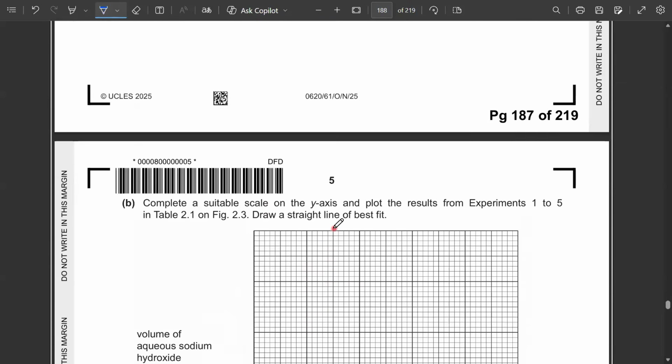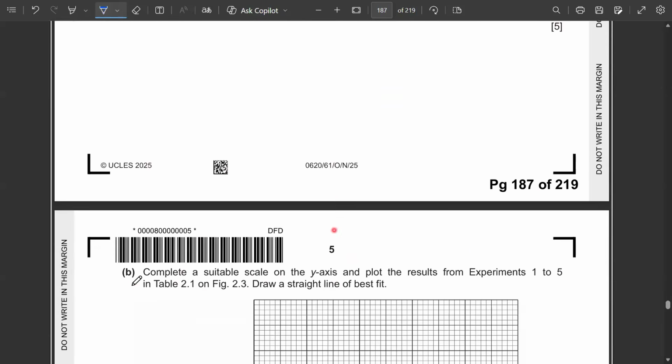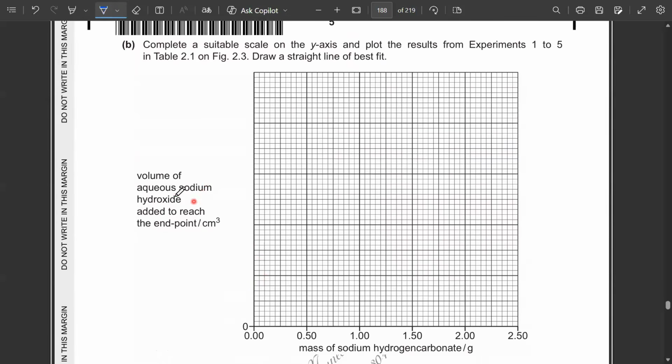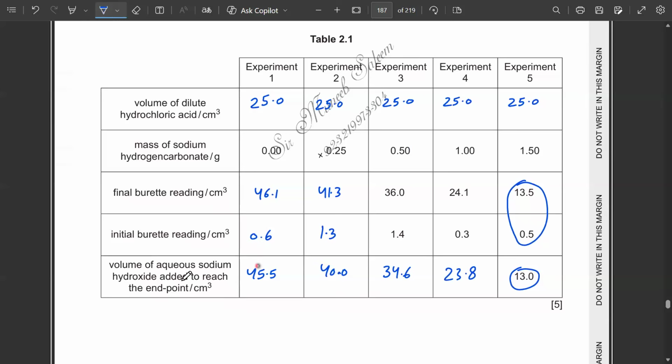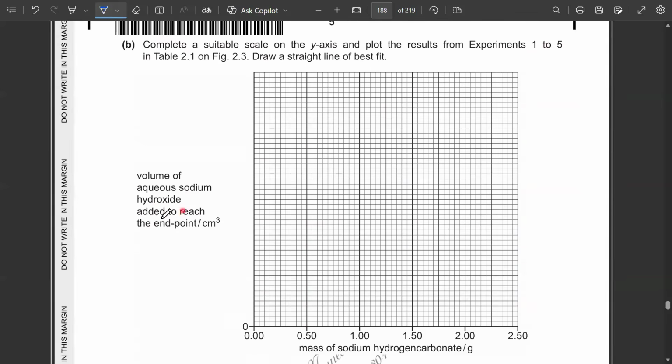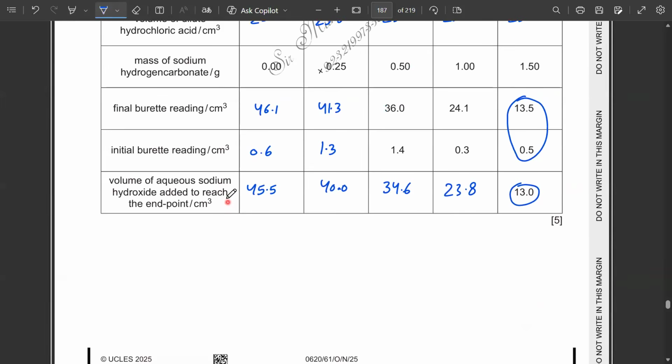Now on the y-axis, I will just put some points first to make it easier for me. On the y-axis, it's the volume of the sodium hydroxide reached to the endpoint. You have to use the values in this column. So it starts from 13 and it ends at 45.5.